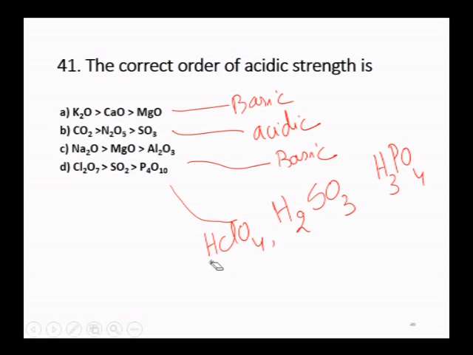Perchloric acid is stronger than sulphurous acid, which is stronger than orthophosphoric acid. So the acidic strength resembles this order. The suitable answer is Cl2O7 greater than, that is nothing but perchloric acid, sulphurous acid and phosphoric acid. So the correct order is D. They are acidic in nature.